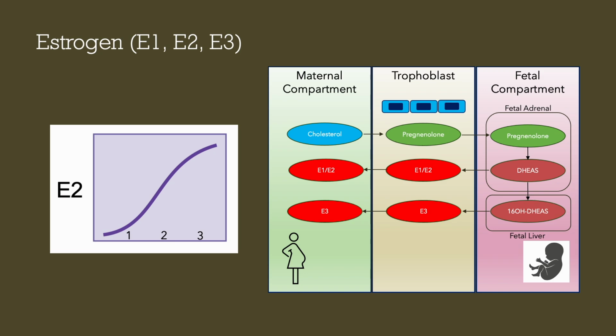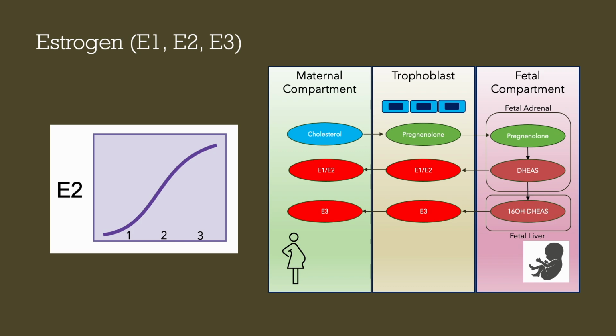So starting with the blue cholesterol in the maternal compartment, that will move into the trophoblast and become pregnenolone. That pregnenolone from the trophoblast can go into the fetal adrenal. And in the fetal adrenal, through a series of reactions, the pregnenolone is reduced down to DHEAS. That DHEAS by itself can move out of the fetal adrenal back into the trophoblast, where it is converted into E1 and E2, and that can move into the maternal compartment.